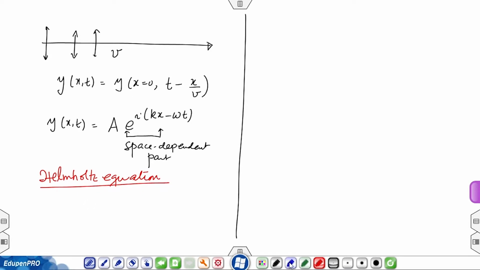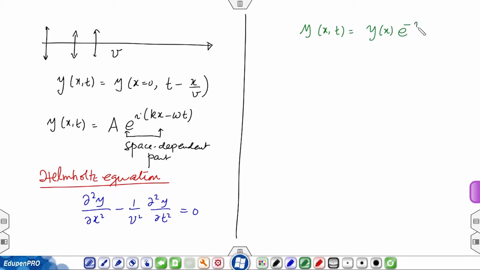So, the wave equation that we are solving is d 2 y over d x square minus 1 over v square d 2 y over d t square equals 0, and I am taking y x t to be equal to some y x e raised to minus i omega t.